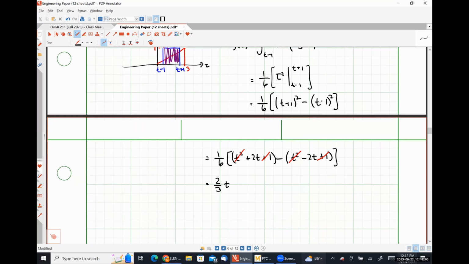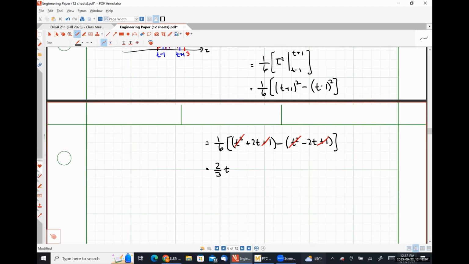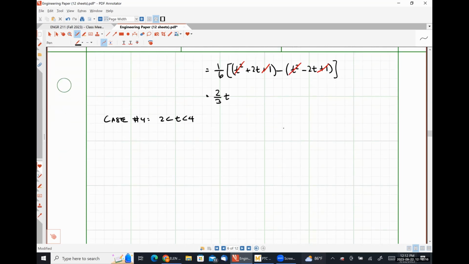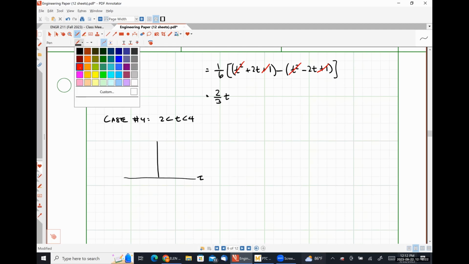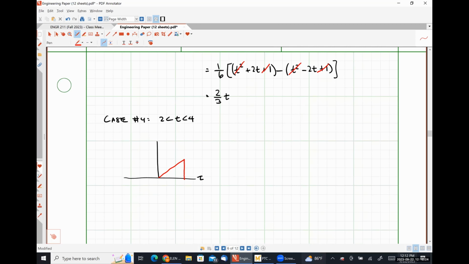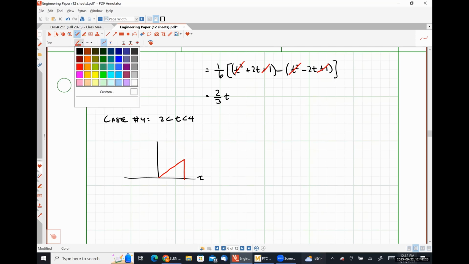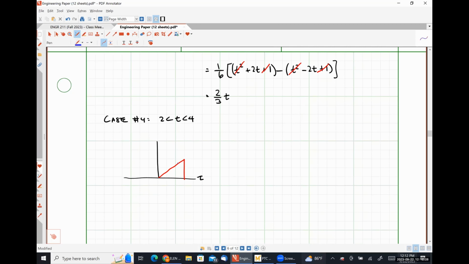So this is going to be for 2 less than t less than 4. Here's my overlap.